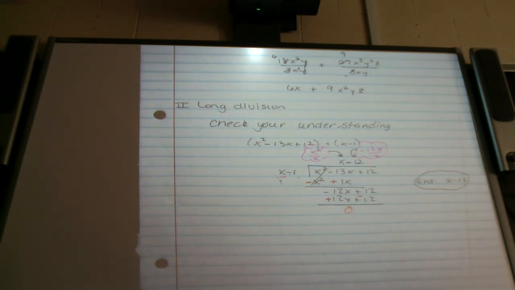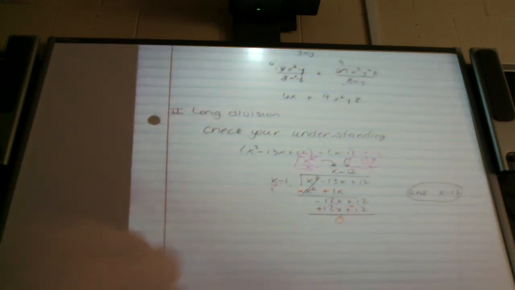Then we worked through example A for the third one, which was synthetic division.